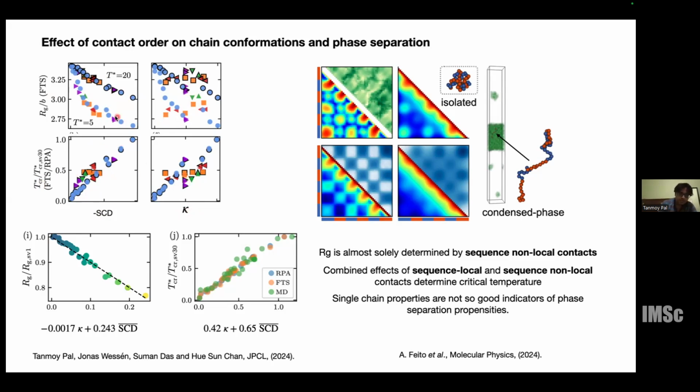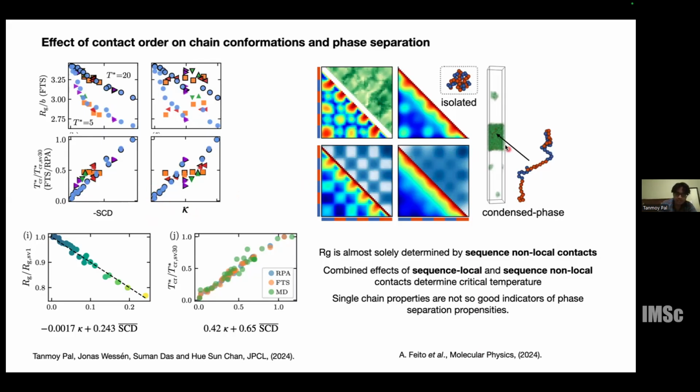So from this, we can conclude that the single chain properties are mostly dominated by non-local properties of the sequences. But for the multi-chain case, the situation is a little bit different. It's a combination of both local and non-local effects.